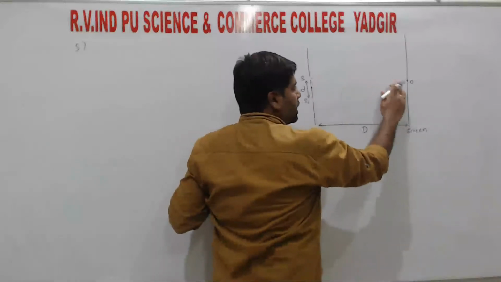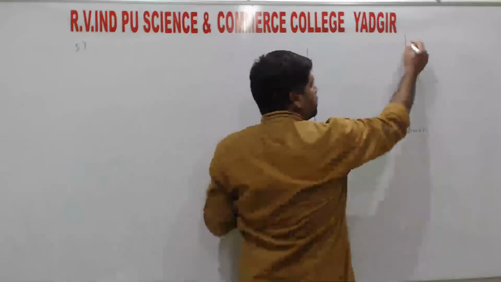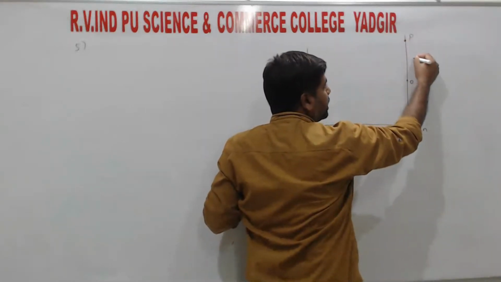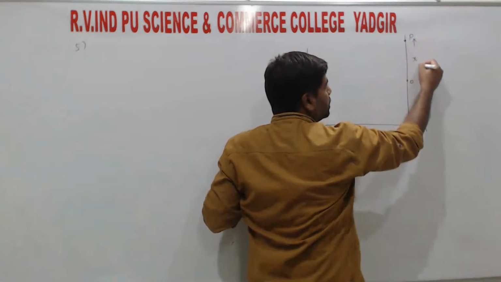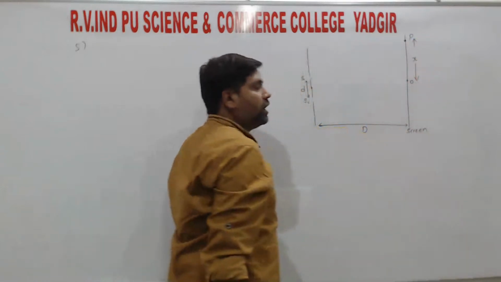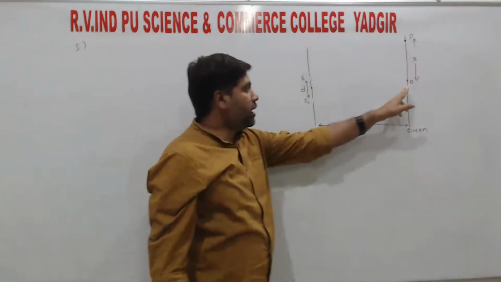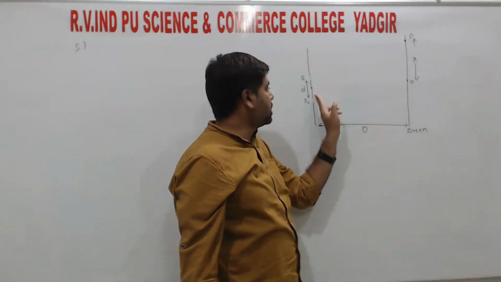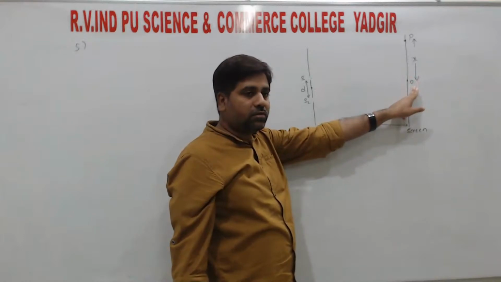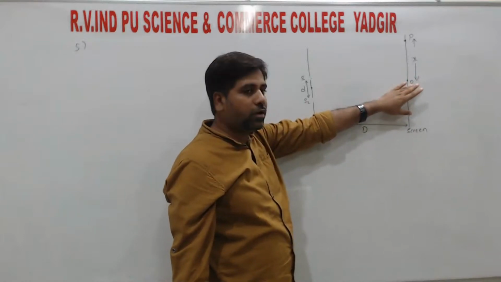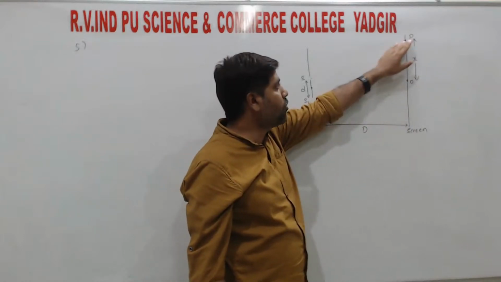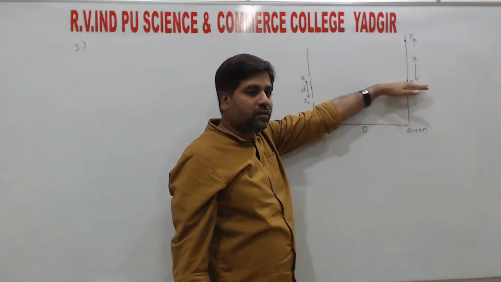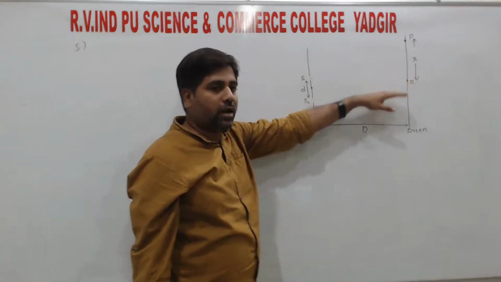So for that, consider a point P on the screen at a distance x from the center of the screen. At the center there is no path difference, because S1 and S2 are at the same distance. So we consider a point P at a distance x from the midpoint, right?